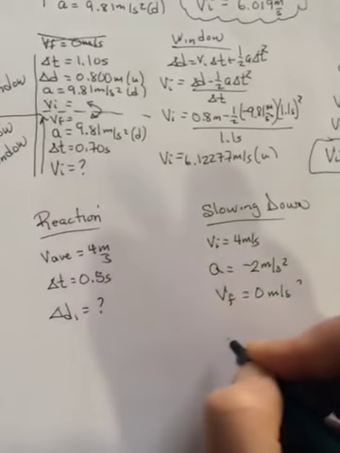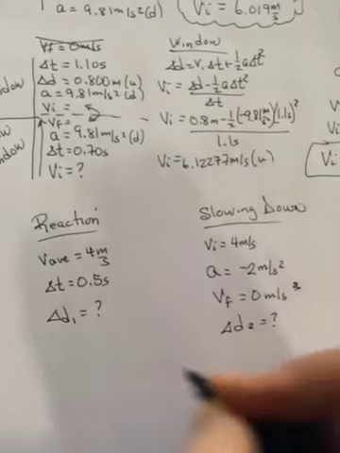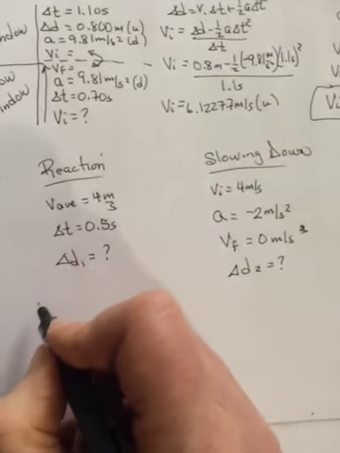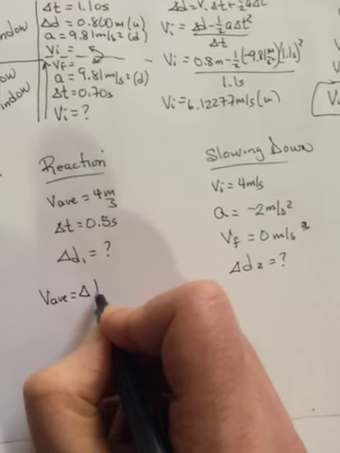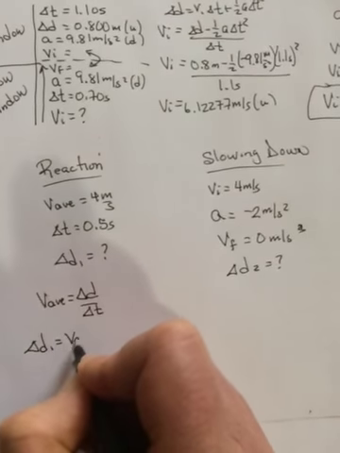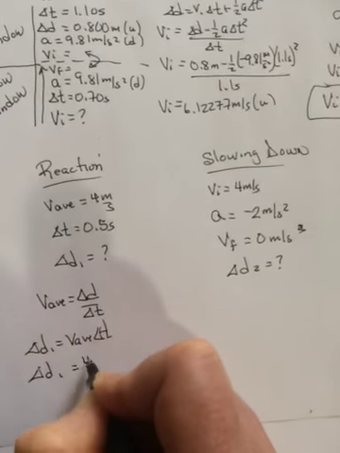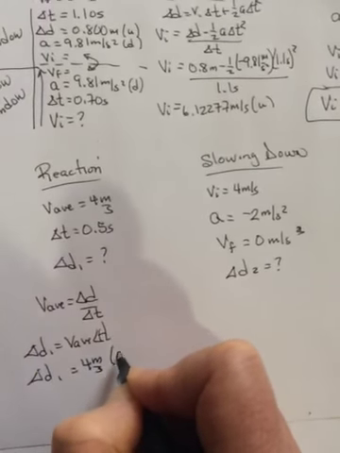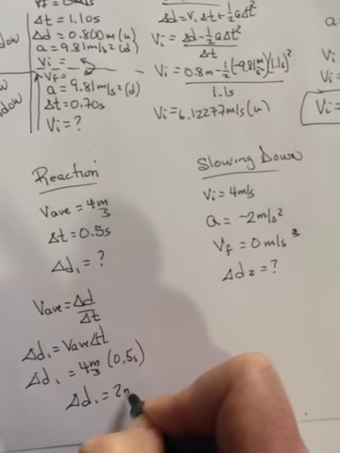So you need to find his delta D1 and his delta D2, and then see if added together they are bigger than the 6.2 meters he is away from the person. So delta D over delta T, so delta D1 will be V delta T. So 4 meters per second times 1/2 a second. Definitely higher order math. Delta D1 is equal to 2 meters.